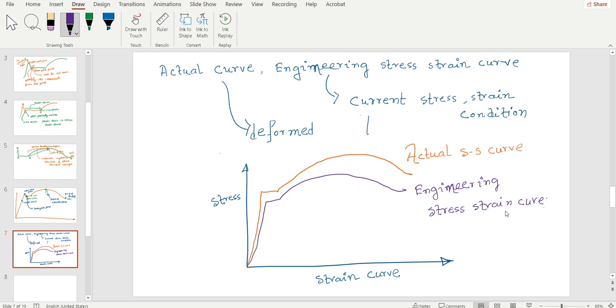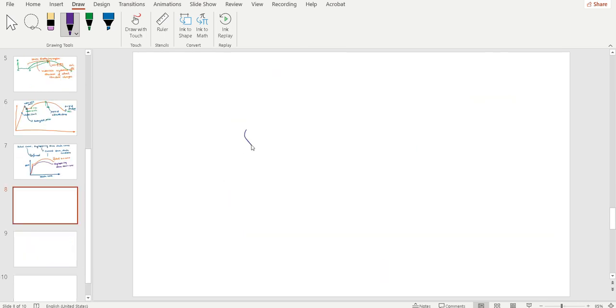That means actual stress is always greater than engineering stress. What does that mean? Suppose a mild steel bar is in undeformed shape, and we apply tension over it.